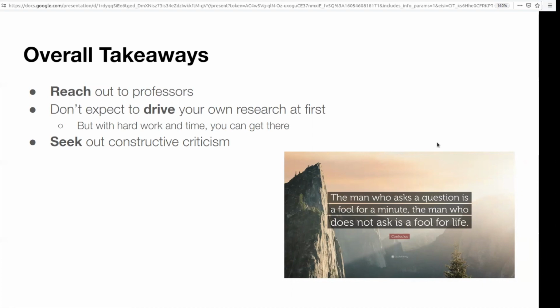The second point: don't expect to drive your own research at first. I'll just compress it into the Mamba mentality. With the Mamba mentality, you can easily get to this position where you can do the fun stuff and solve the fun and exciting problems. And lastly, seek out constructive criticism.